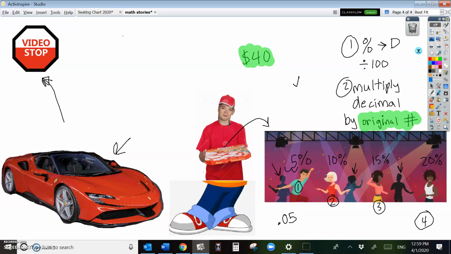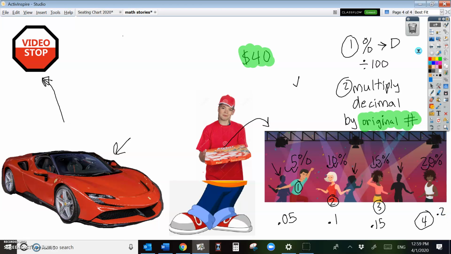The red dress lady, she's going to move the decimal twice to the left, and she's going to do 0.1 for her tip. And then yellow pants lady, move twice to the left and get 0.15. And then orange shoes guy, move the decimal twice to the left by dividing by 100, and you get 0.2.